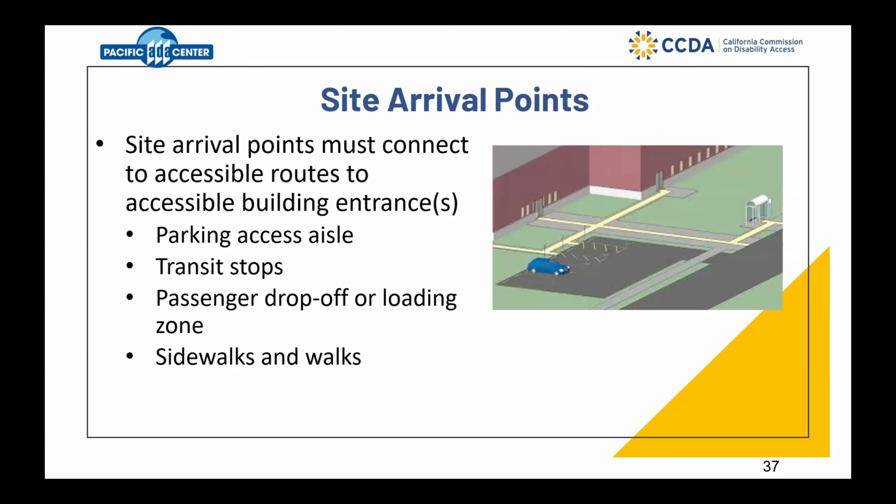And in California, all those routes need to be accessible when you're looking at new construction. So examples of site arrival points are the parking access aisle, if you have parking, transit stops, if you have those within a block or so, passenger drop-off or loading zones, and then sidewalks and walks that may surround the site as well.